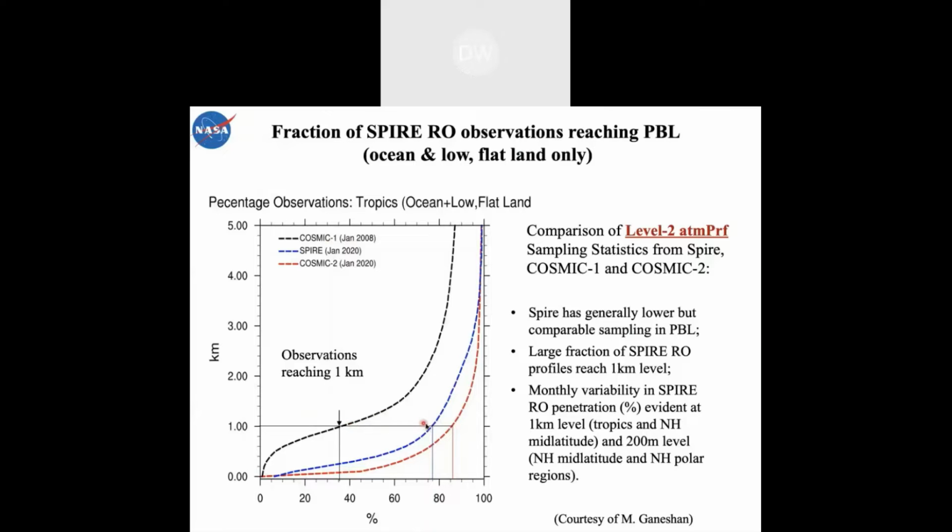Look at that, the Spire data here, the blue, and the COSMIC-2 are roughly comparable in terms of how many, but the percentage that penetrates down to the 1 kilometer level is 85 versus 75-ish. This is pretty good, 3U versus 1 cube in terms of spacecraft. That's certainly very valuable for studying the lower atmosphere when you have large variability there.